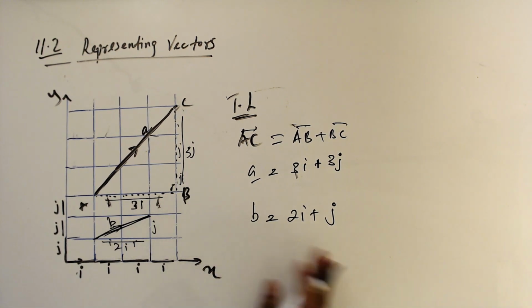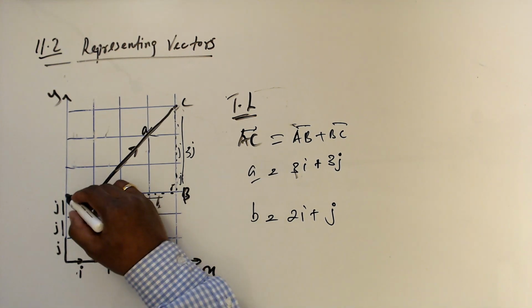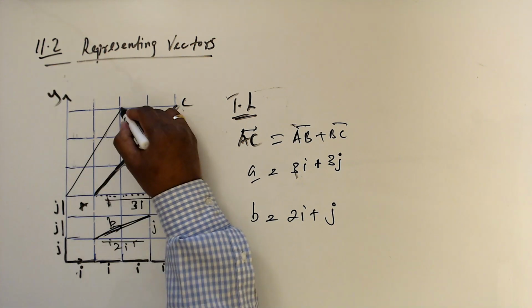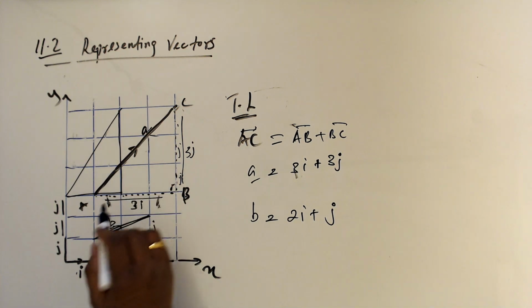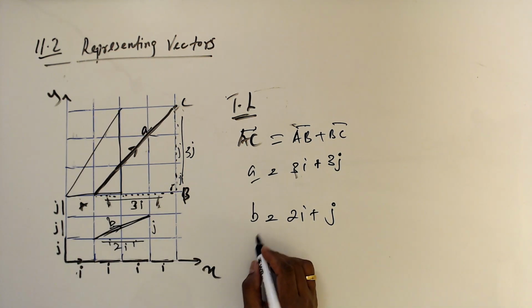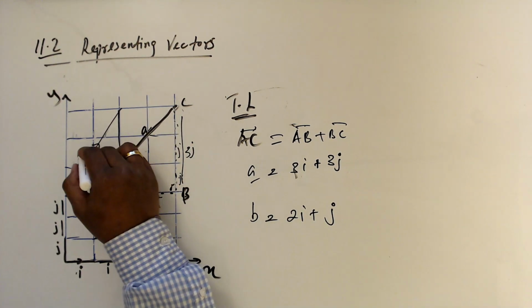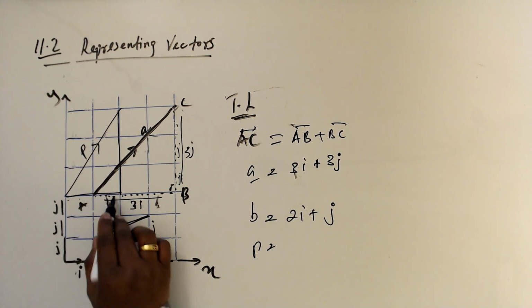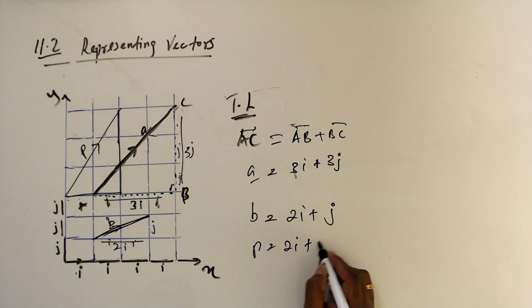So likewise you can express any vector. For example, another one. I'll take this as the P vector. P vector is 2i plus 3j.